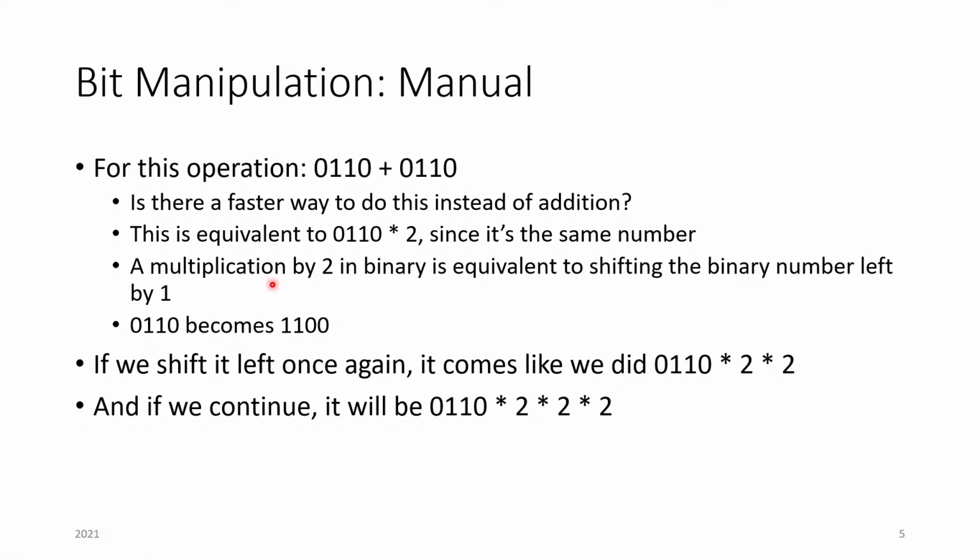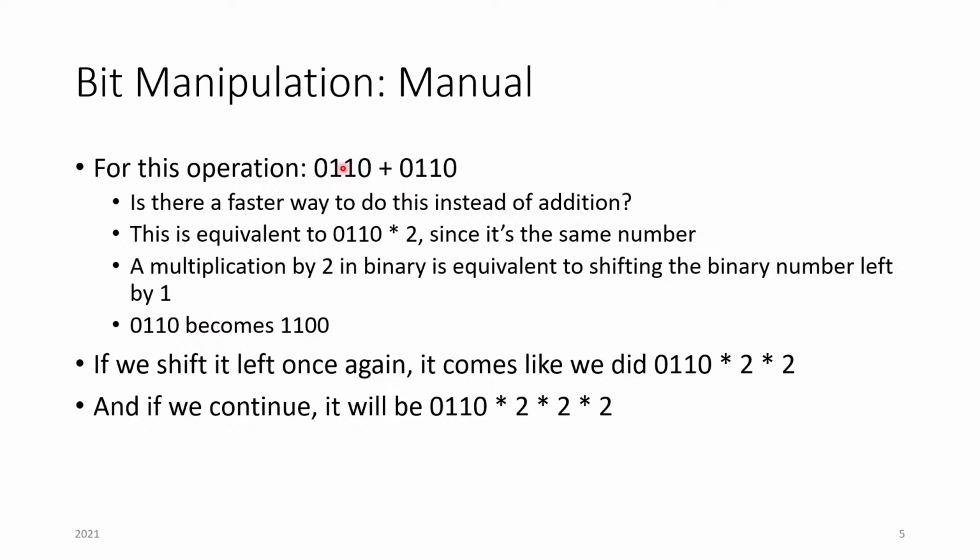So, there are ways for us to speed up our operations, so let's watch back this one in particular. We had the same number here being added twice. This actually is if we did 0110 multiplied by 2, because it's the same number. Now, a multiplication by 2 in binary is basically equivalent to shifting the binary number left by 1.